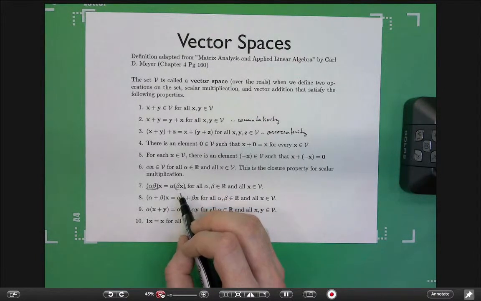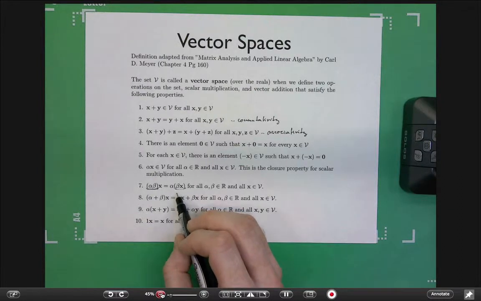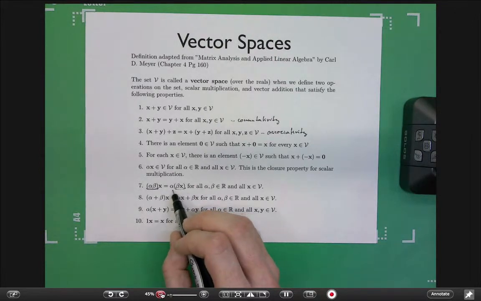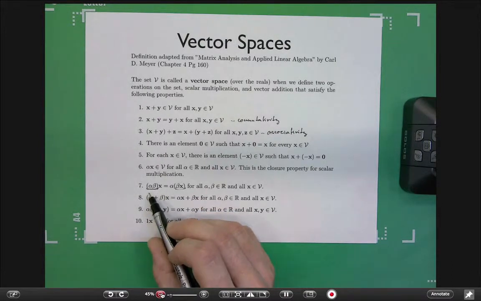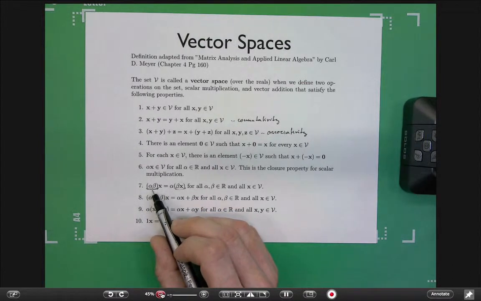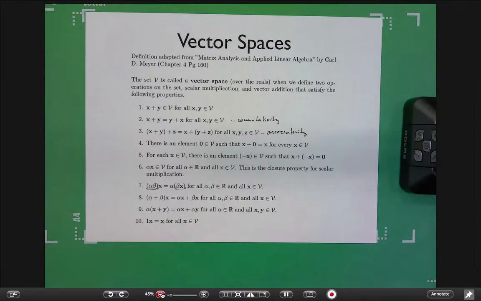If x is a million-dimensional vector, I have to look at a million components and multiply them by beta. And then do the whole thing again: take the million-dimensional vector beta x, and multiply every single component again by alpha. And this says that I can do it much faster. I can just multiply alpha and beta first, and multiply every component of the vector by the product of alpha and beta.